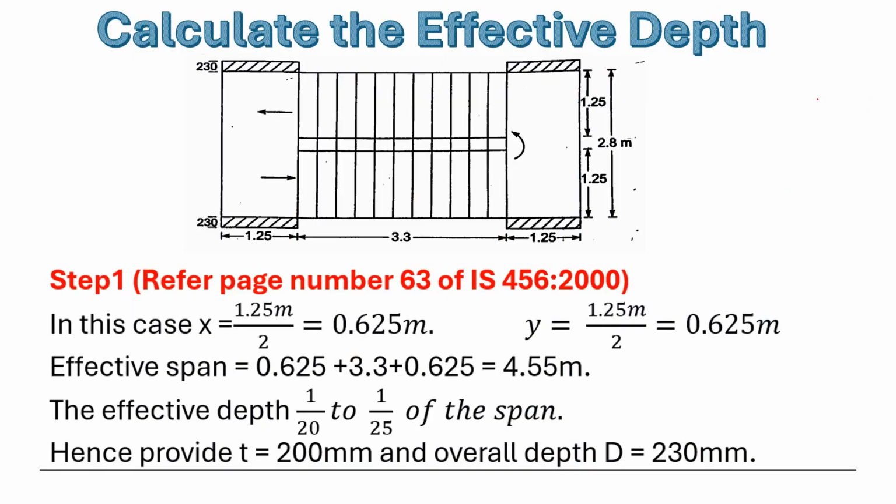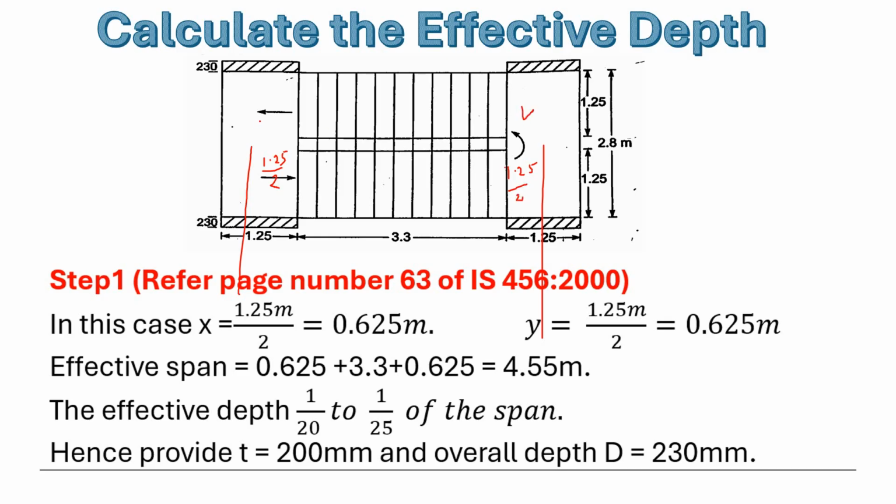Now, we first have to calculate the effective depth. Before that, we have to calculate the effective length, that is, the length from this point to this point. Here this width is 1.25 divided by 2, and this is 1.25 divided by 2.